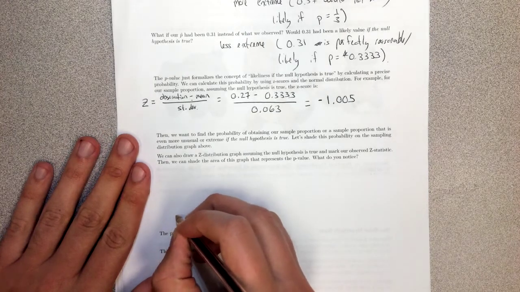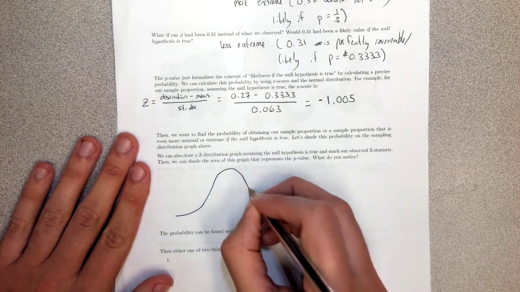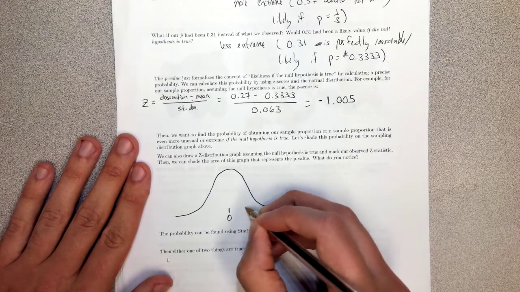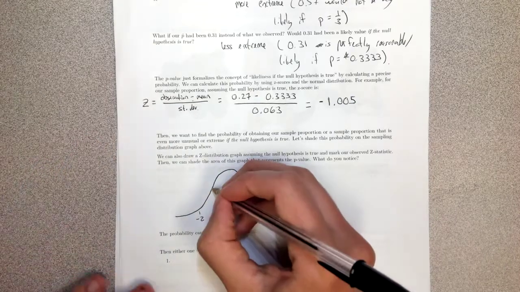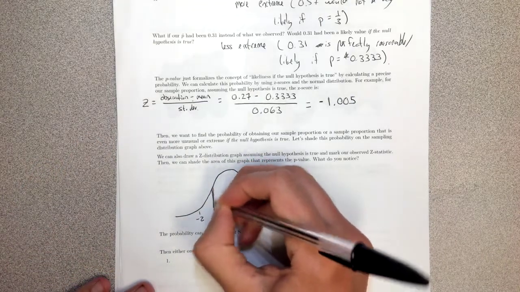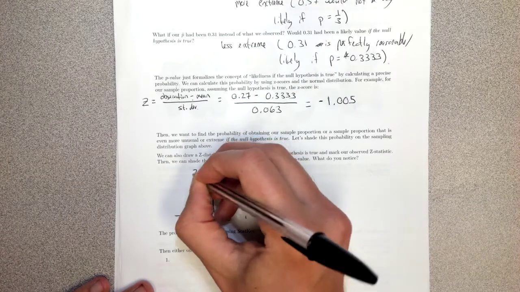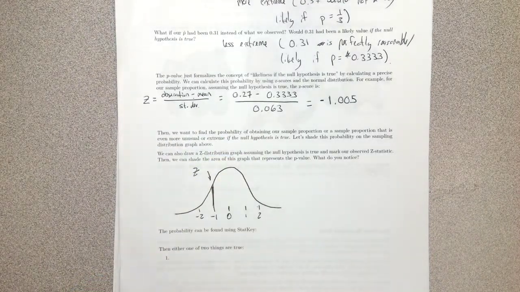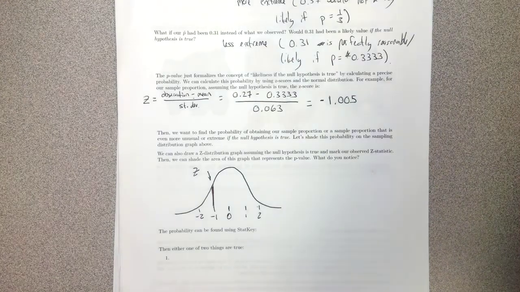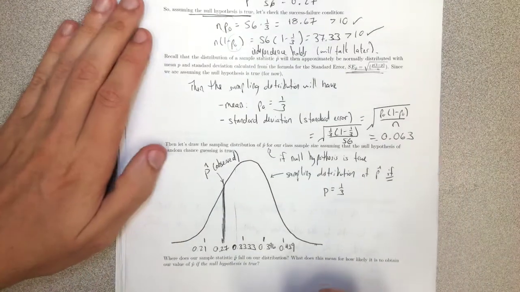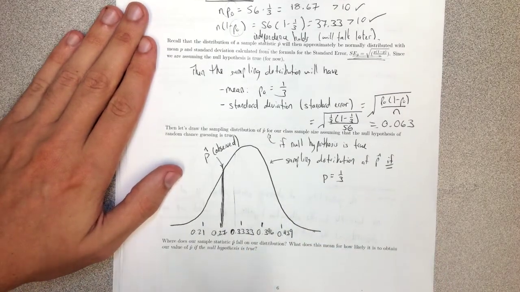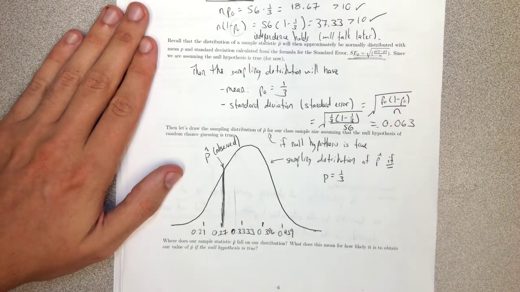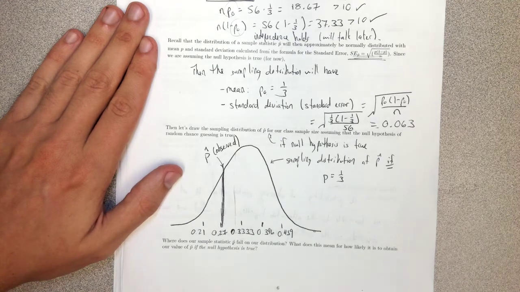And so you could go ahead and draw your z distribution, which we know is centered at 0 and has a standard deviation of 1. You can mark the observed z on that z distribution. And now the p-value says we want to find the probability of getting data that's more unusual than what we actually observed, or more in favor of the alternative hypothesis than what we actually observed.